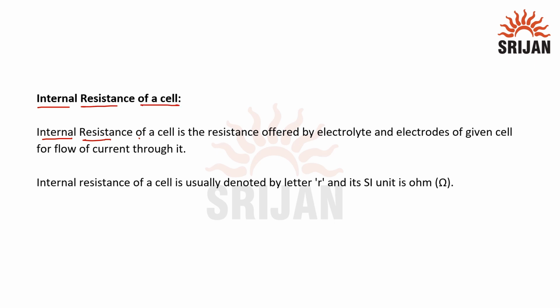Moving ahead, let's understand internal resistance of a cell. Internal resistance of a cell is the resistance offered by the electrolyte and electrodes of a given cell for flow of current through it. Internal resistance of a cell is usually denoted by the letter R and its SI unit is ohm.